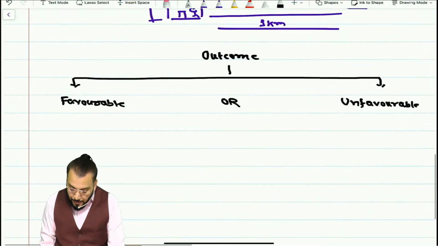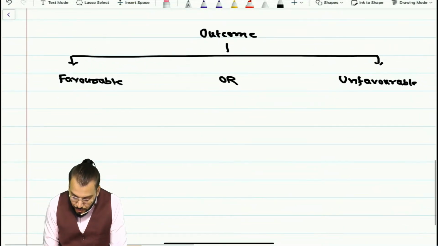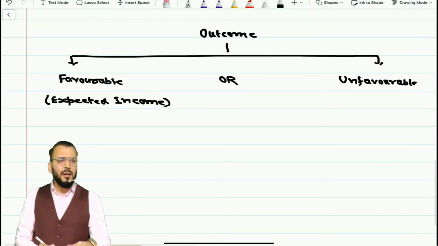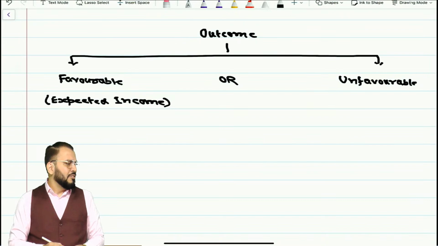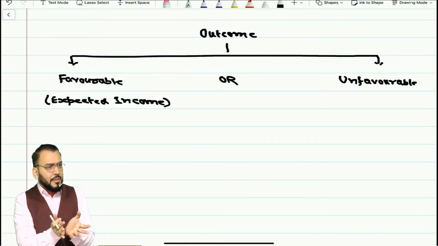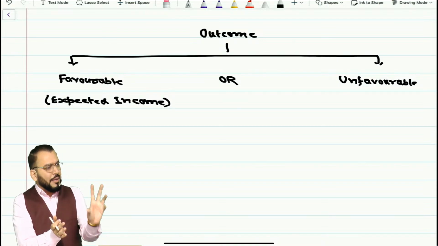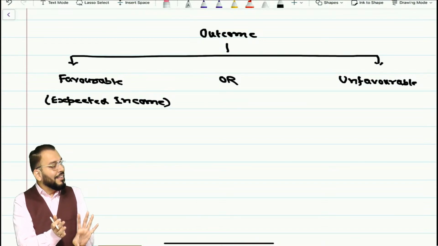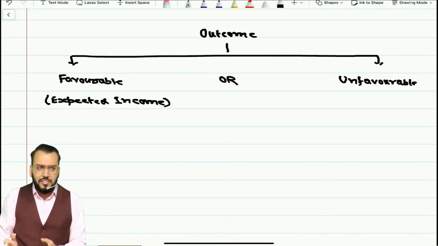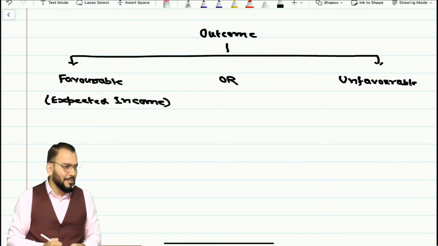When I am saying favorable, favorable means expected income. Now when I say income, income includes gains also. So there is no need to say income or gains. Income is a wider term. In childhood we used to say income or gains, but gains is nothing but a part of income.